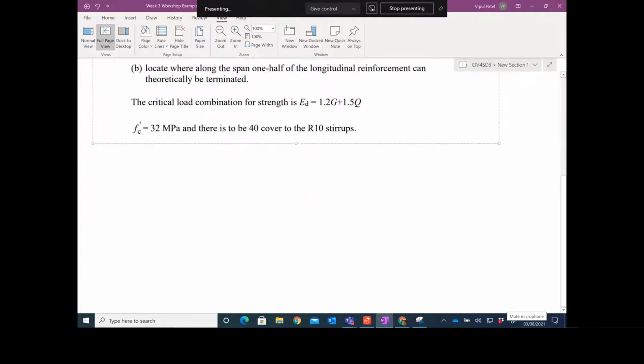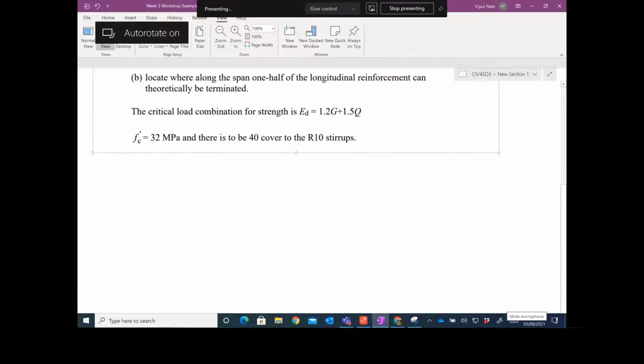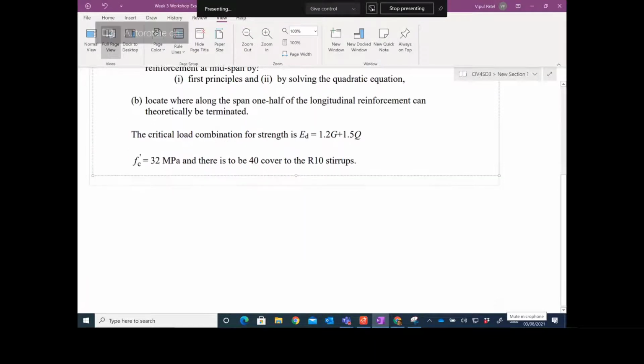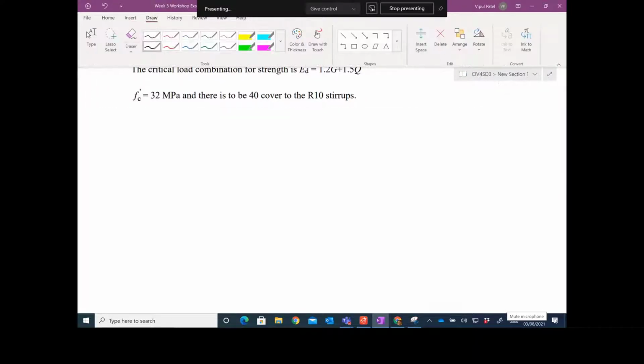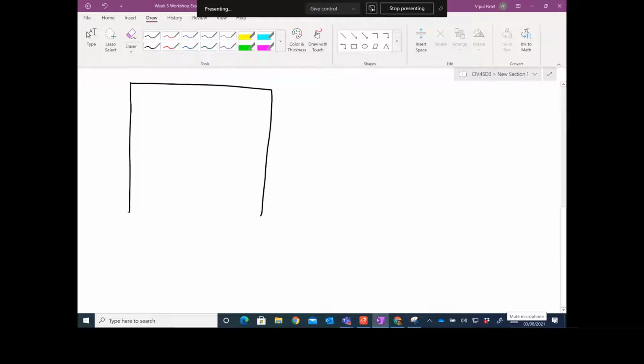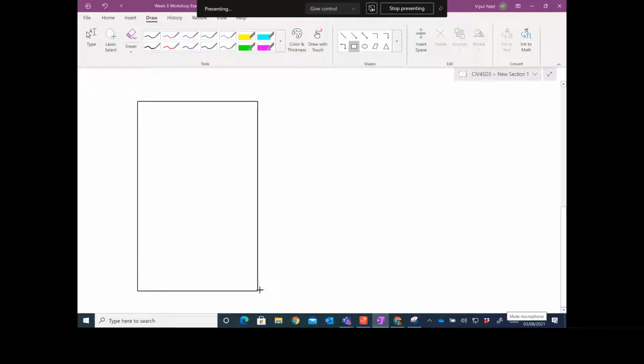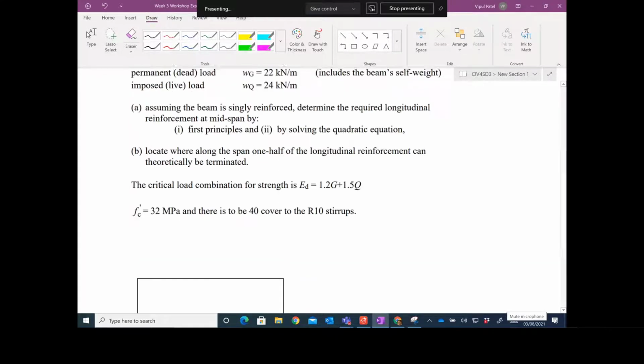Let me put those details here. My rectangle is not good, so let's see how these tools work. Yeah, that pretty much works.